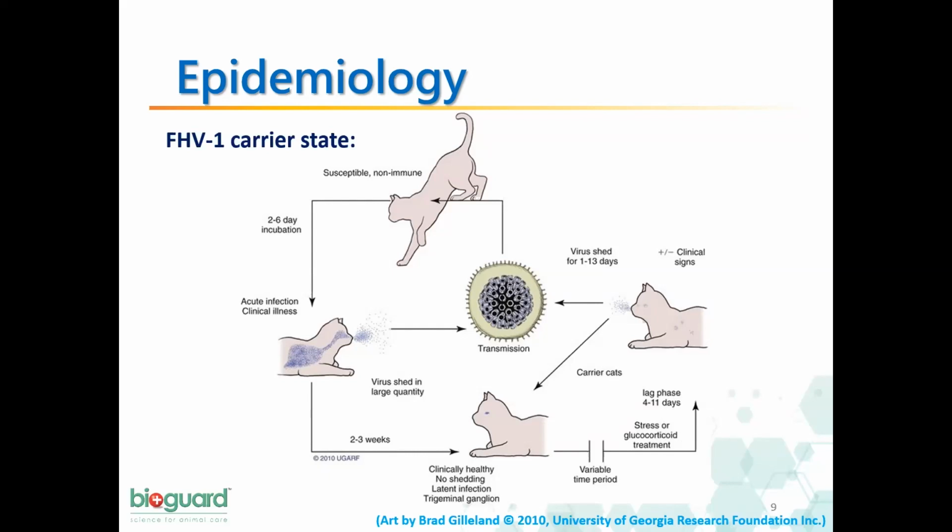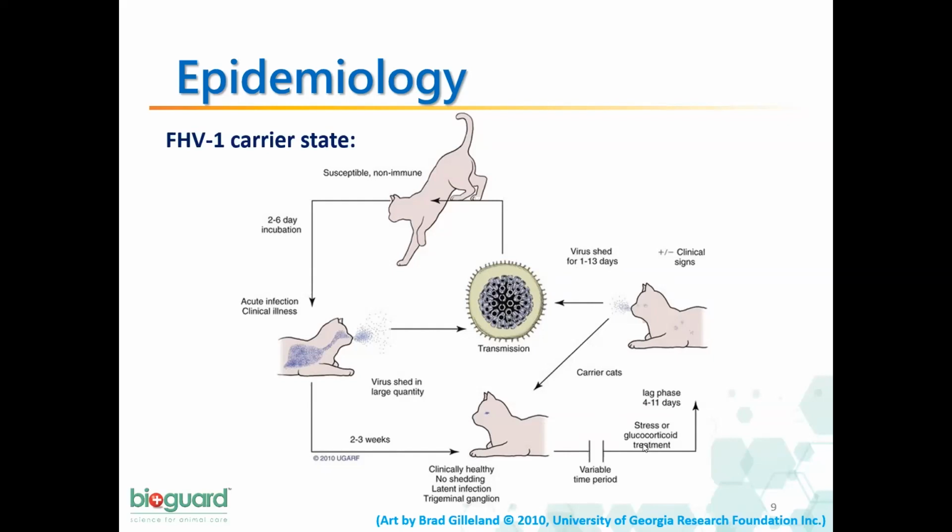And then the cat may or may not show some clinical signs of the infection, but it will start shedding the virus again after 4 to 11 days, for 1 to 13 days, which can infect other healthy cats around.